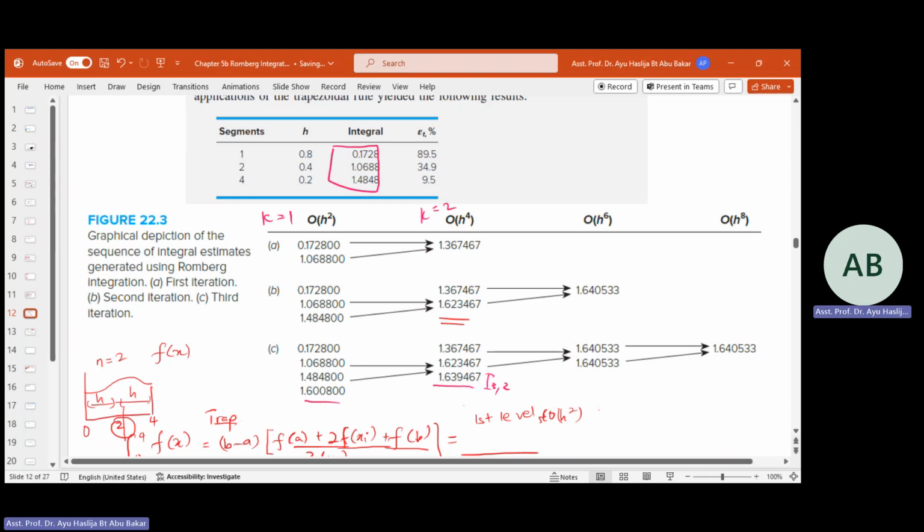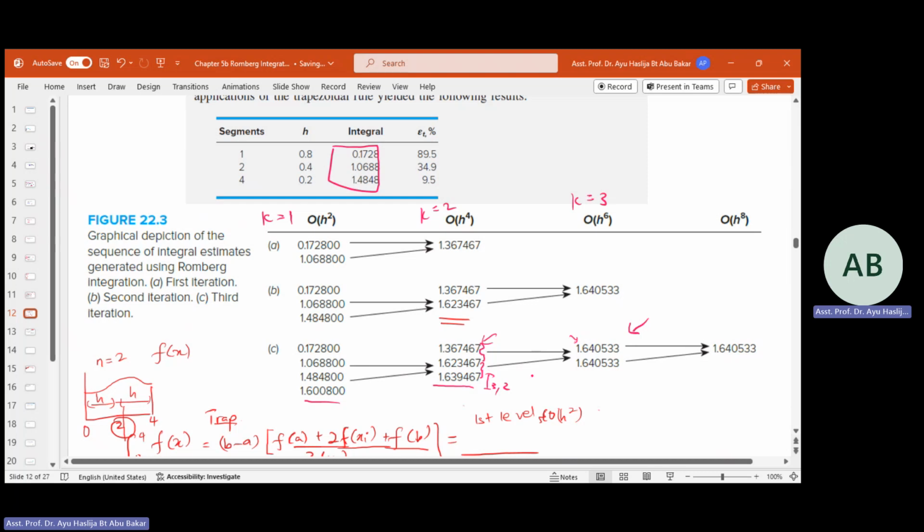Now you see the difference when it moved to level 3, K equals 3, OH6. Focus on this part. Since this one has not enough data, we move to this set of data. These two will get this value. These two values, you'll get this.